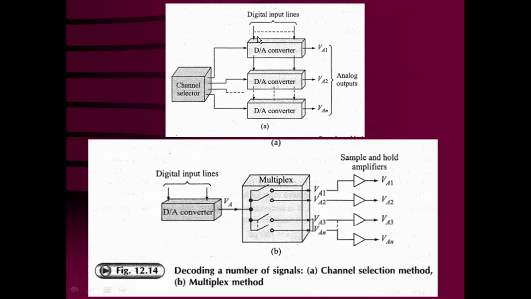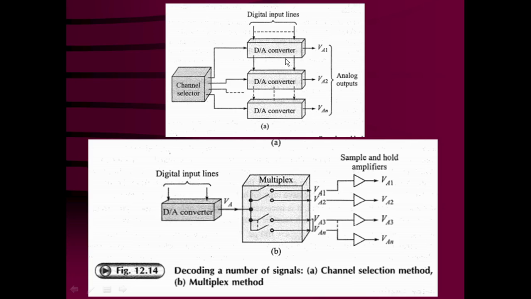Then when the next information is there, this D to A converter is inactive, but the next D to A converter may be active, and that digital information is converted to the corresponding analog output voltage VA2 for the Y channel, and similarly for the Z channel, this way.